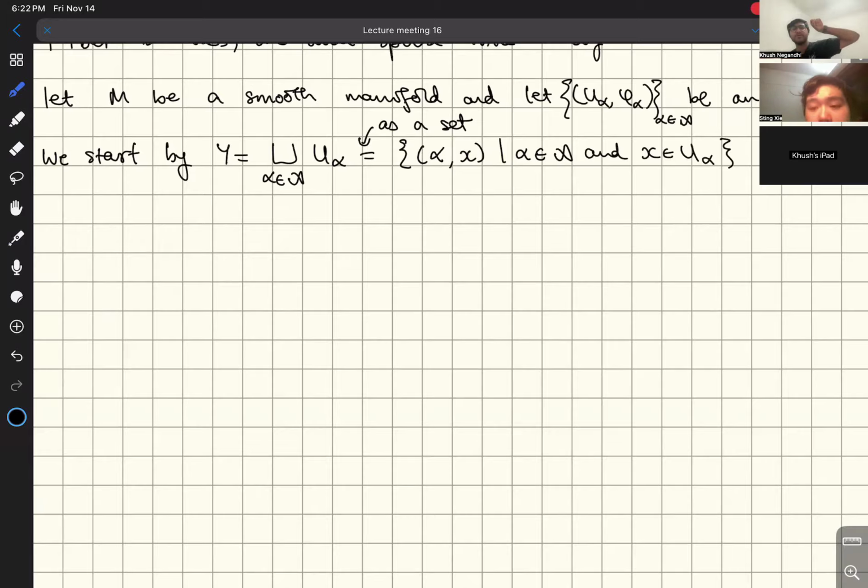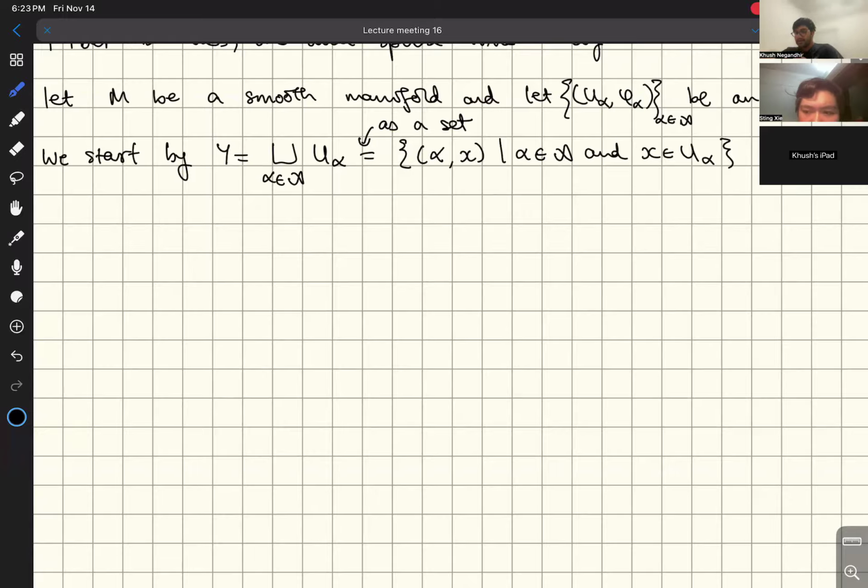So you should be able to distinguish that x came from this set specifically. This is different from the regular union, because in the regular union you don't actually know which set every point came from. But in this case, you're specifying that the point x came from U_alpha.